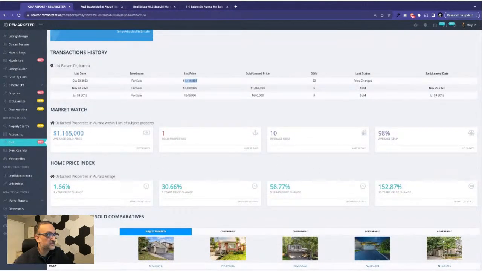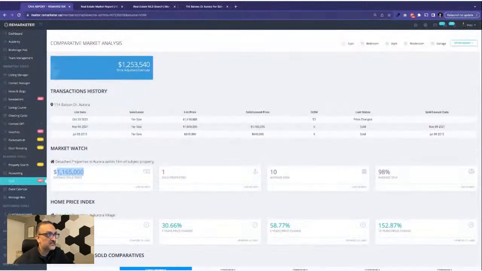So the average sold price for detached properties in Aurora within 1 kilometer of the subject property is 1.165. Again, you can see that this is much higher than the average price there. However, you should always pay attention to this next number right here.